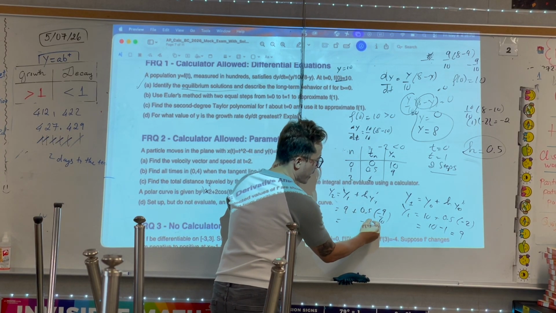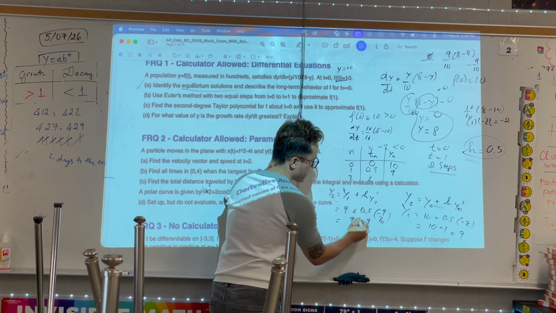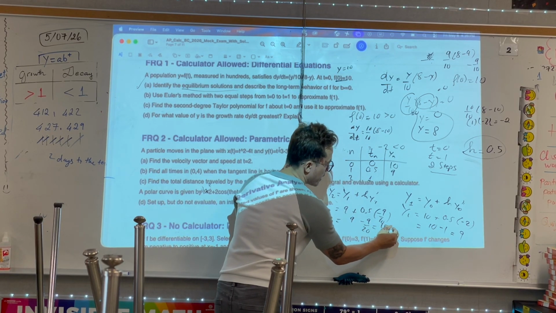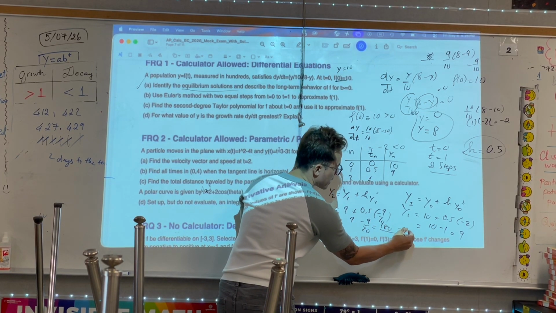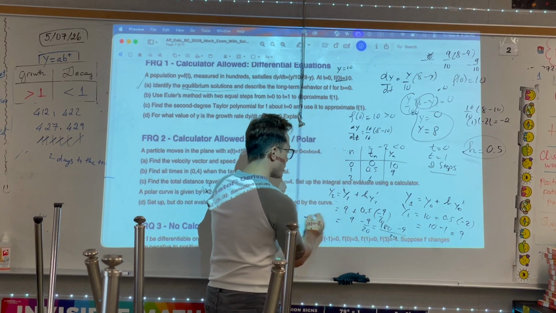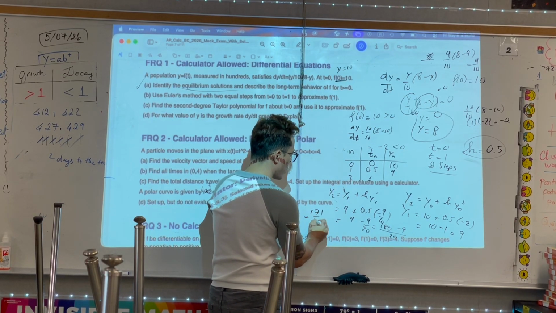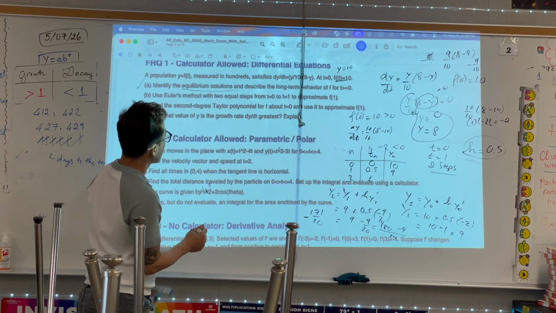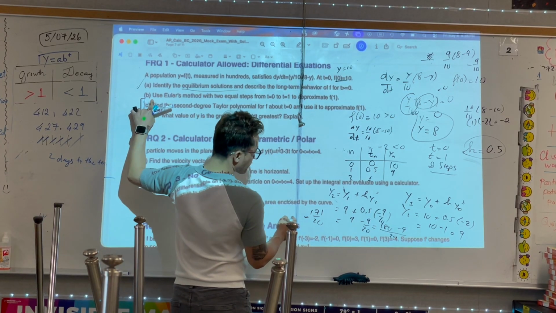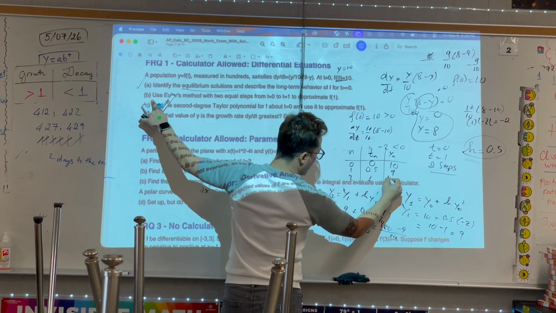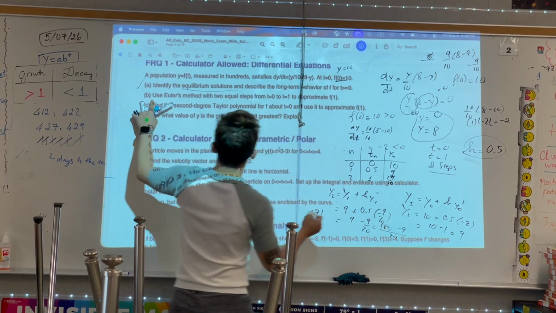So we're going to get negative 9 over 20. So 180 over 20 minus 9 over 20. That means 171 over 20. So the answer here is 171 over 20.